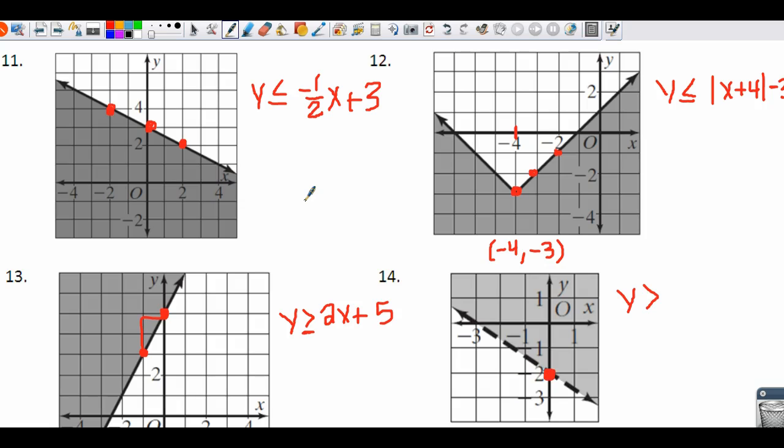I have a y-intercept at -2, and my slope appears to go down 2 and over 3. Okay?